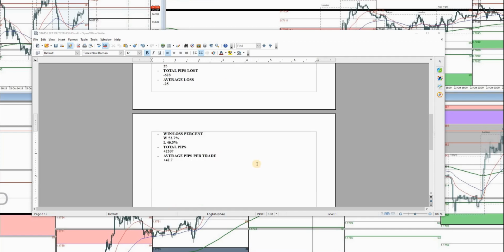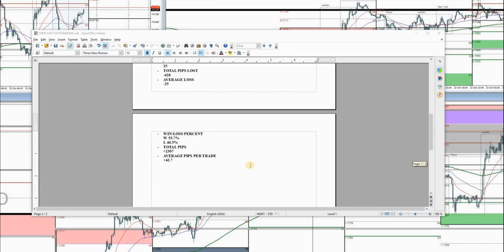The win to loss percentage is also really nice to see, especially when I have a 4-to-1 risk to reward. My wins are at 53.7%, while my losses are at 46.3%. So 53.7% of the time I gain 101 pips, and 46.3% of the time I lose 25 pips.